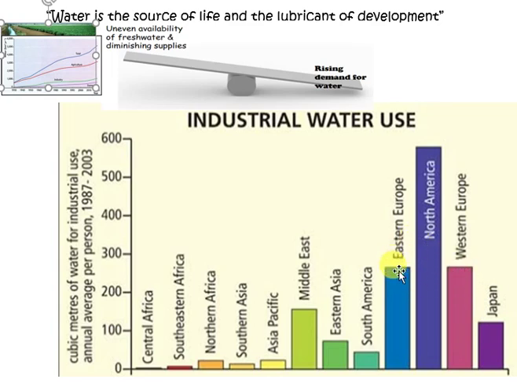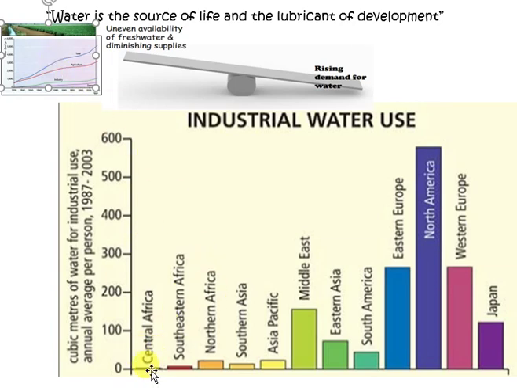Western and Eastern Europe, again quite developed, are big users. And in the Middle East, a lot of OPEC countries use water in the process of extracting oil. If you look at the ones that don't use a lot for industry, they're probably the less developed places.